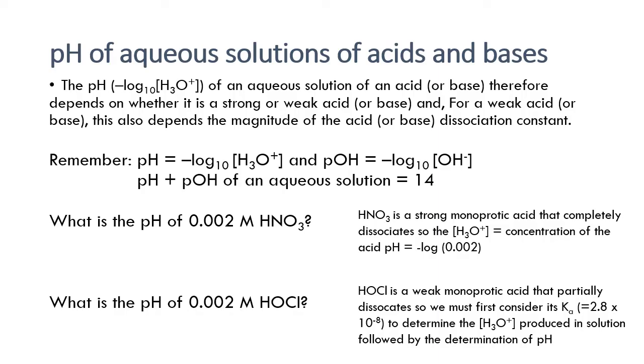What is the pH of a 0.002 molar hypochlorous acid solution? Now, HOCl is a weak monoprotic acid, and it only partially dissociates. So we must first consider its Ka, which is written here as 2.8 times 10 to the minus 8, to help determine what concentration of hydronium ions are actually produced in solution, followed by the determination of the pH.